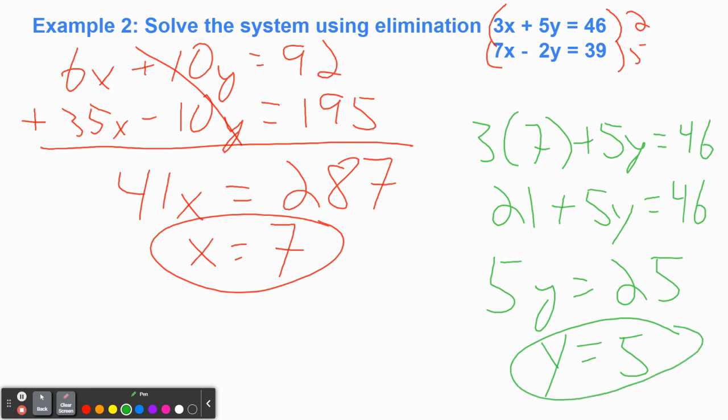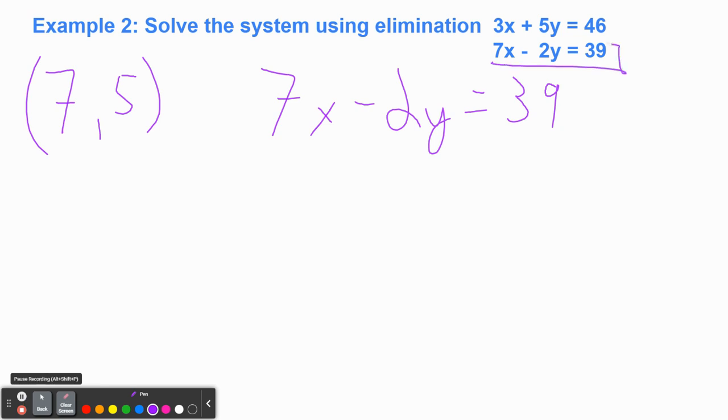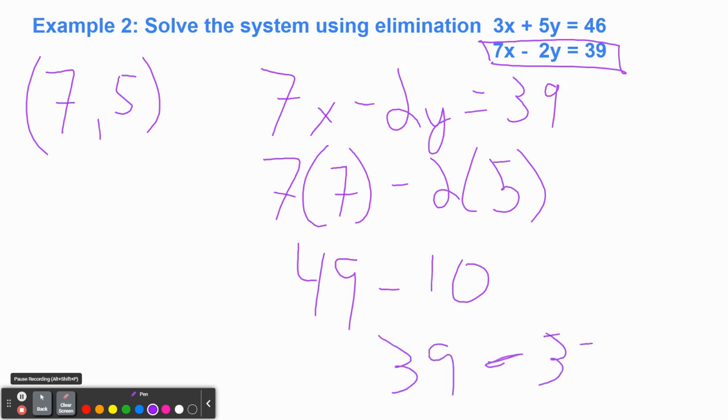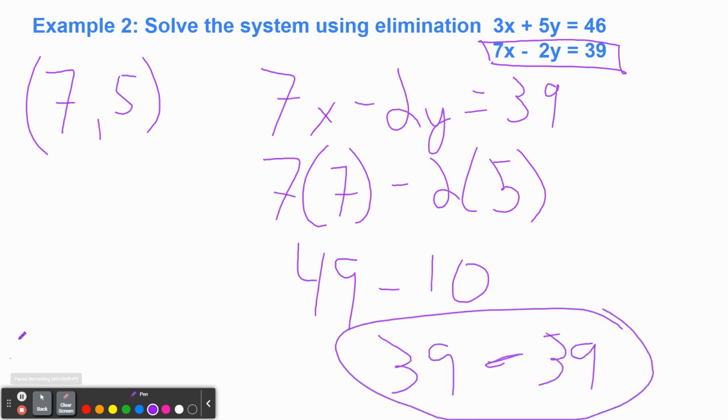If those are my ordered pairs there, let's double check it. Should be 7, 5. Plug it back into my second equation. 7 times 7 is 49, minus 2y, which would be 5, which would be minus 10. 49 minus 10 is 39. Does 39 equal 39? You betcha. Awesome.